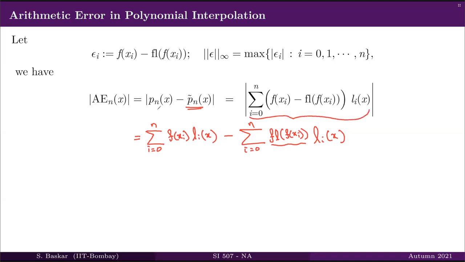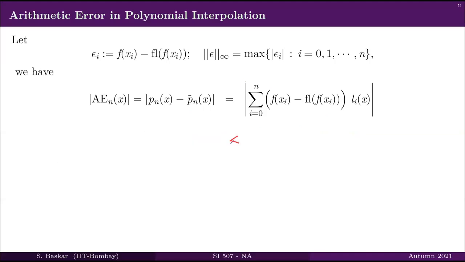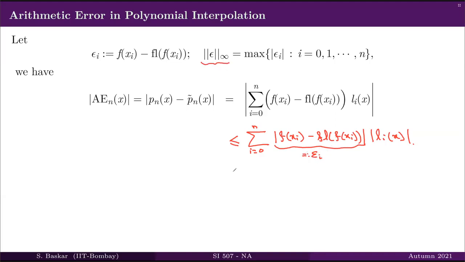Now you take modulus on both sides and take this modulus inside the summation and use the triangle inequality to get this as less than or equal to sigma i equal to 0 to n, mod f of xi minus fl of f of xi, times mod Li of x. Now, these are nothing but epsilon i's by notation, and further, we will take the maximum of all these epsilon i's, and for that, we have assigned the notation norm epsilon.